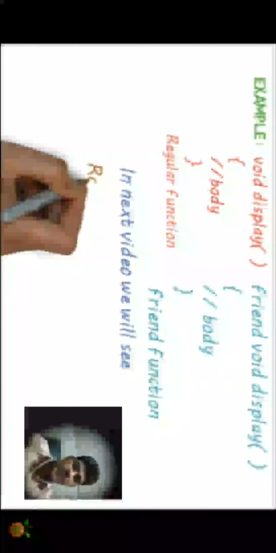A member function doesn't have the keyword friend, only return type and function name. But a friend function has the keyword friend, and return type and function name. Look here, void display and friend void display. So put friend before the normal function, then the normal function becomes a friend function. That is the only difference.